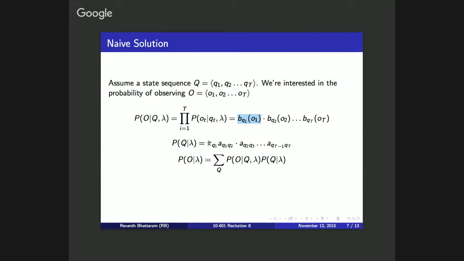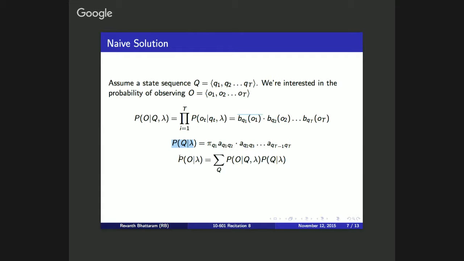So we start off at Q1, and then from Q1 I transition to Q2, Q2 to Q3, Q(T-1) to QT. We want all these events to occur, so we essentially just multiply the probabilities. It's an intersection of independent events, so we multiply the probability. So this is the probability of a state sequence given our model.